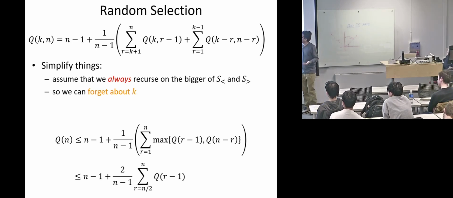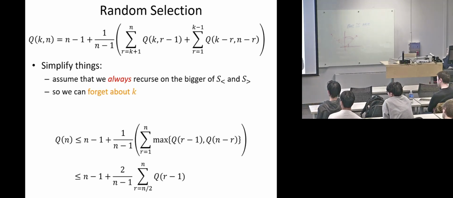Why is that? Because if I always assume that I recurse on the bigger side of the problem, then we can forget about k. It doesn't matter what k is, we're just going to go to the bigger side anyway. So this new process is now independent from k, but it's still an upper bound of what we wanted to look at.